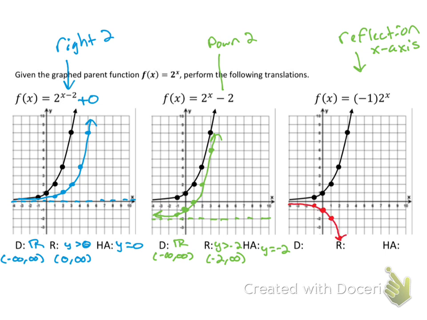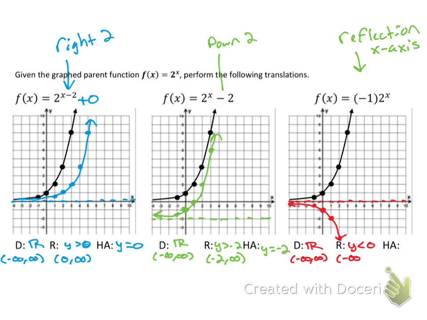Does our domain change here? No, it's still every x value. Does our range change? Yes. What is our range? It's all y values less than 0.